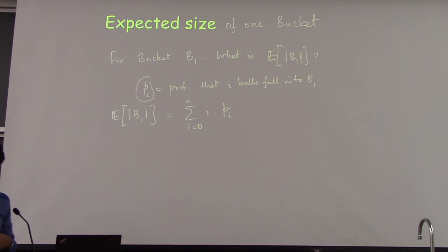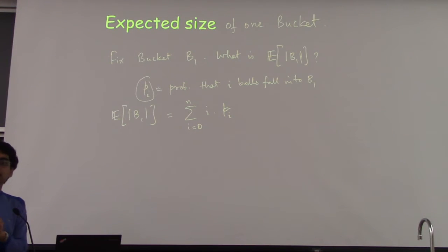This turns out you can do, but these sorts of calculations become messy. So what is the probability that exactly i balls fall into this bucket?